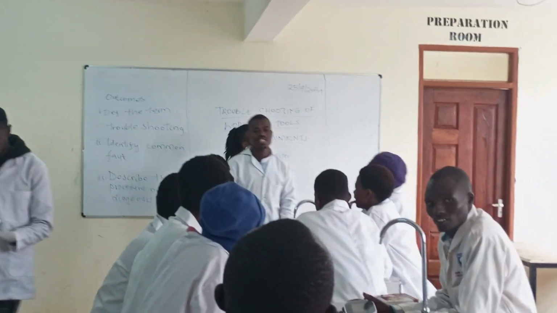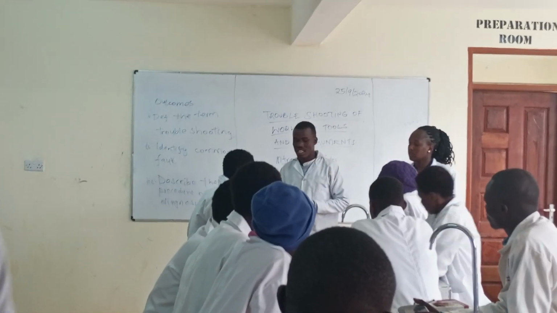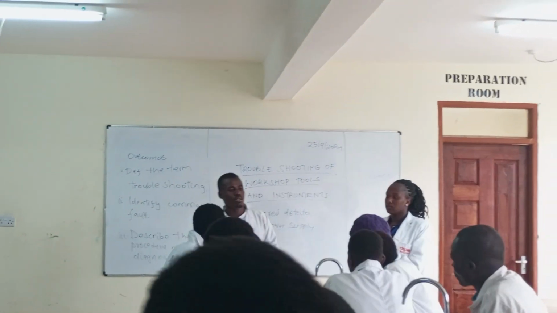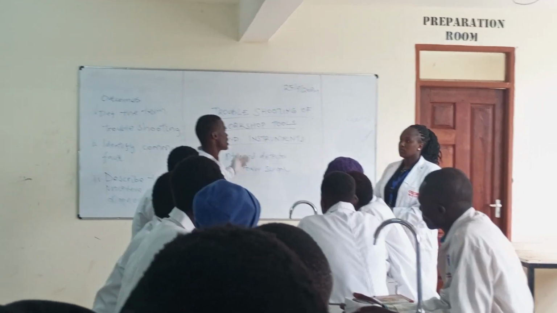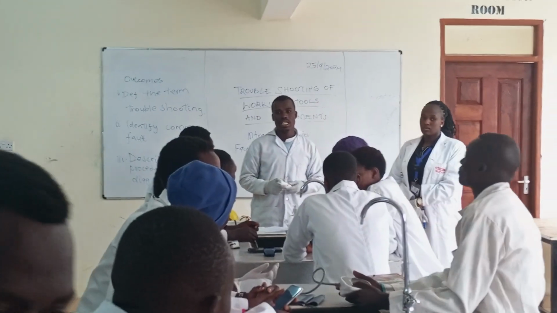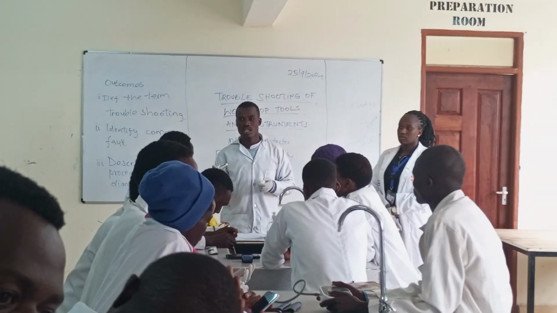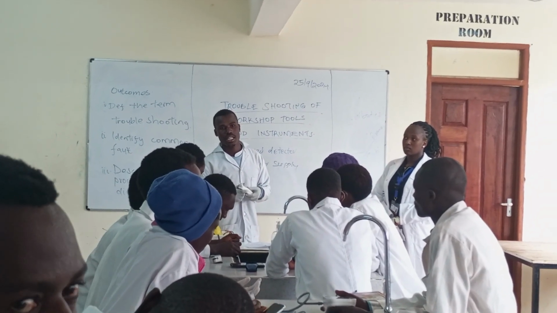So good afternoon, class. With me here again, I have the gun thermometer, and the thermometers have a wide range of use, from domestic uses, industrial uses, but mostly they are used in our hospitals by doctors to take the body temperature.